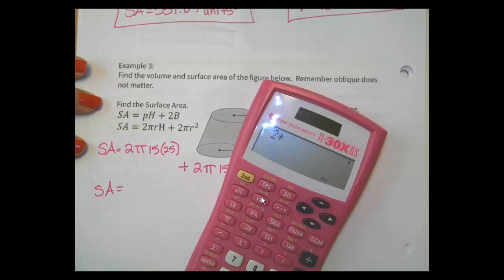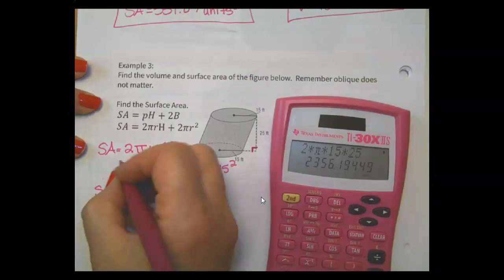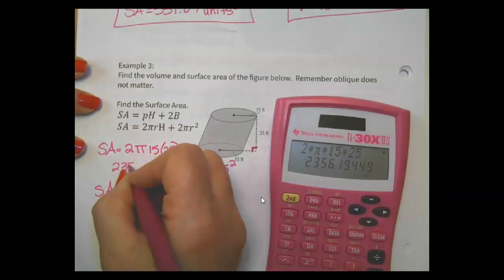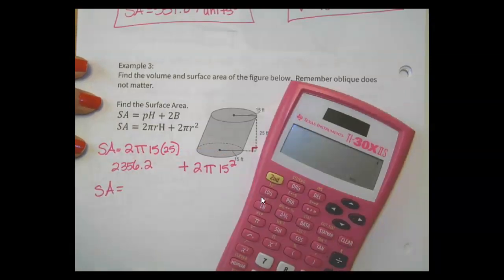I lost you. Where is my pi key? There he is. Times 15 times 25. So that part is 2356.2. And then 2 times pi times 15 squared.